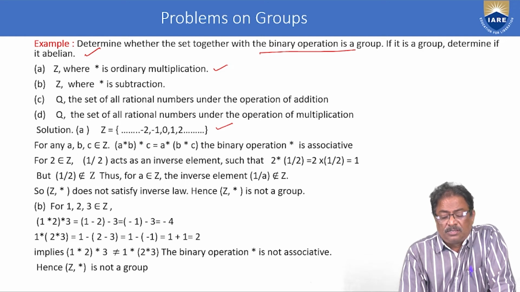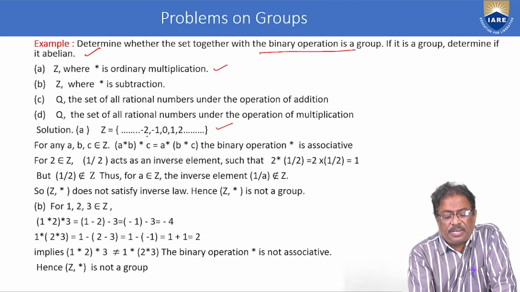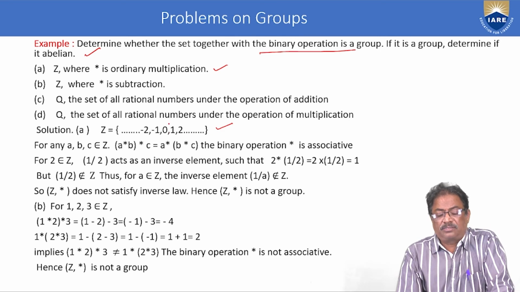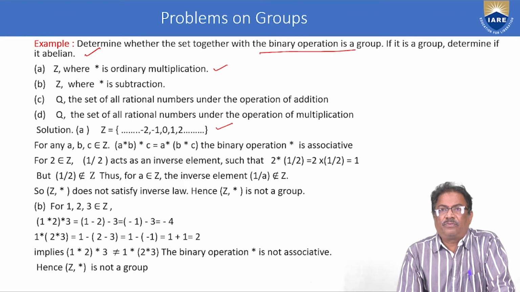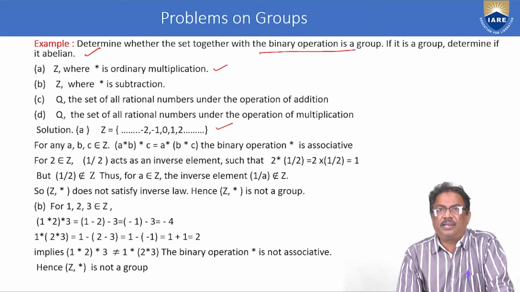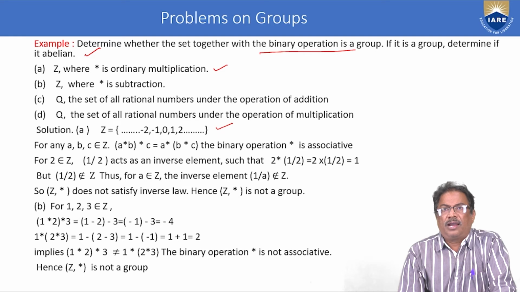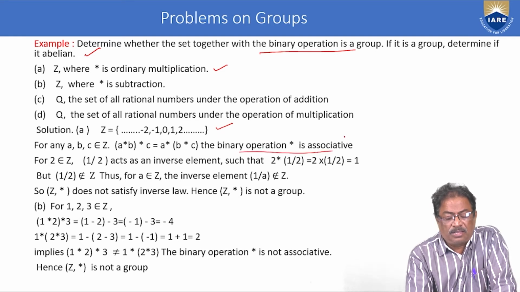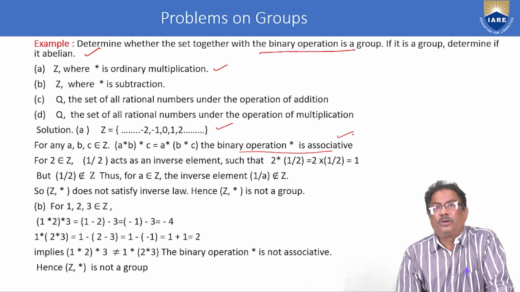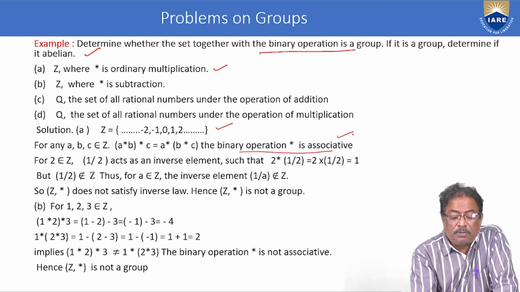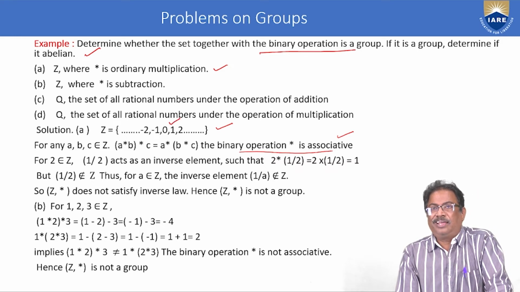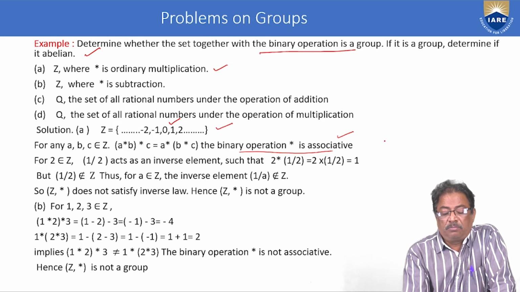So for that, see here, any two elements if I am going to consider, the product of any integers is again an integer, so it is closed. And next the associativeness, if I am going to take, then the associativeness is also going to be true. And then the multiplication identity is equal to 1. So 1 is also there, and so it is a monoid.